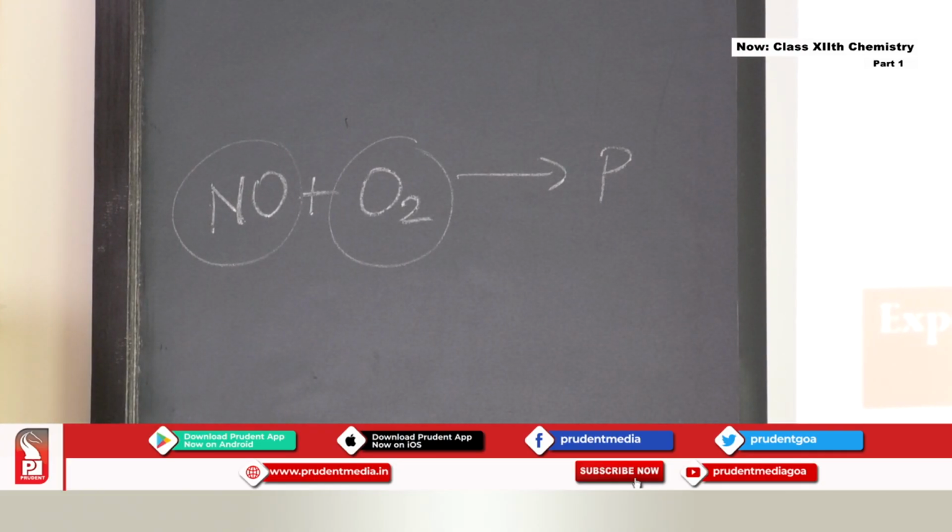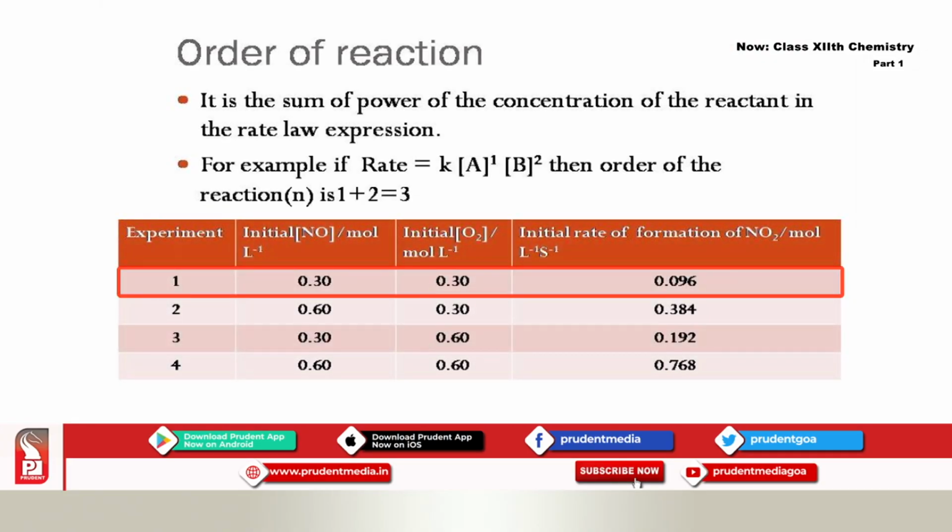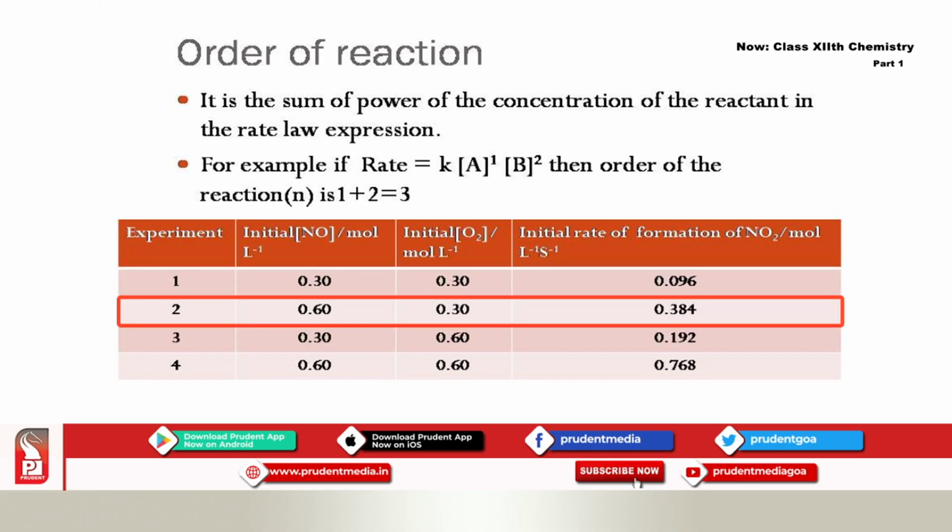So, in the first experiment, the initial concentration of nitric oxide is kept as 0.3 moles per liter and the concentration of oxygen is taken again as 0.3 moles per liter and the rate is calculated as 0.096.